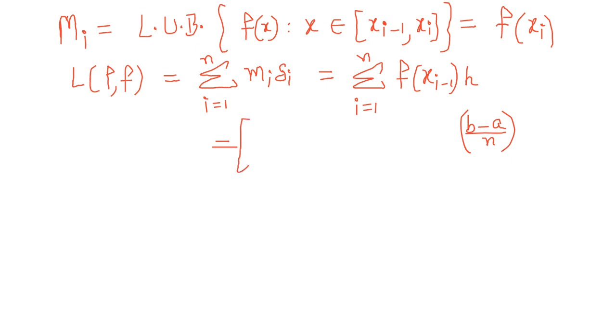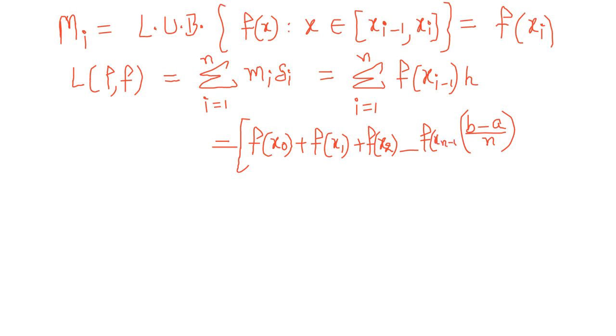So you will put i equal to 1, so it is f of x naught, then f of x1, then f of x2, and so on up to f of x(n minus 1).